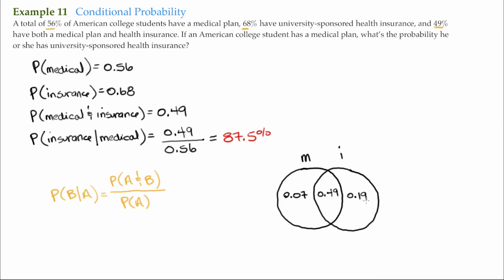Now, since this is a condition, if an American college student has a medical plan, all we're concerned with right now are those who have medical plans. If they have this, what's the probability of health insurance? So I'll show you how we can represent this.